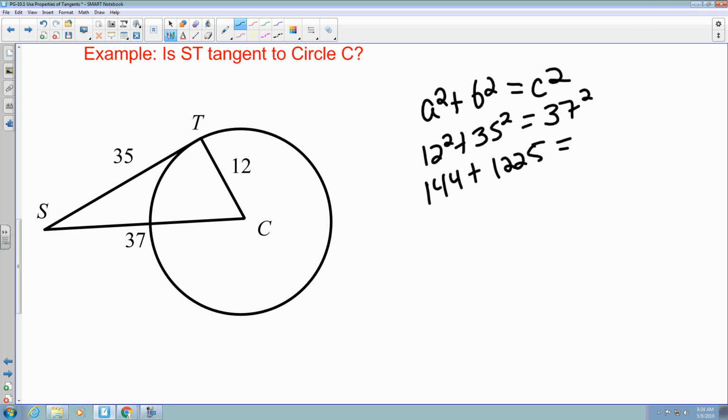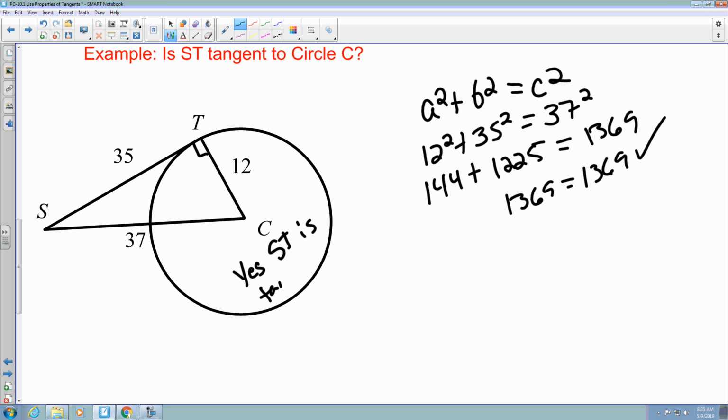And we want to see if it's equal to 37 squared, which is 1369. So I got 144 plus 1225, and that's 1369. So yes, 1369 equals 1369. That checks off. That means this is 90 degrees. I can say yes, ST is tangent.